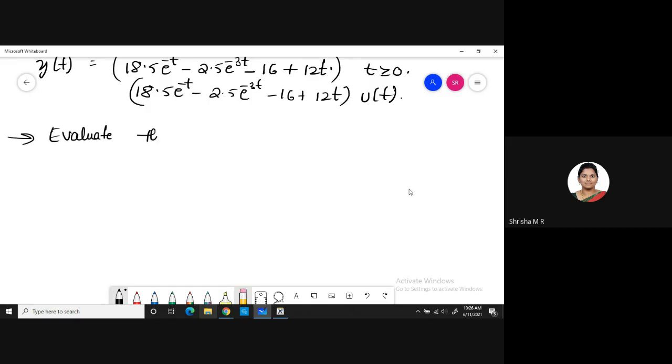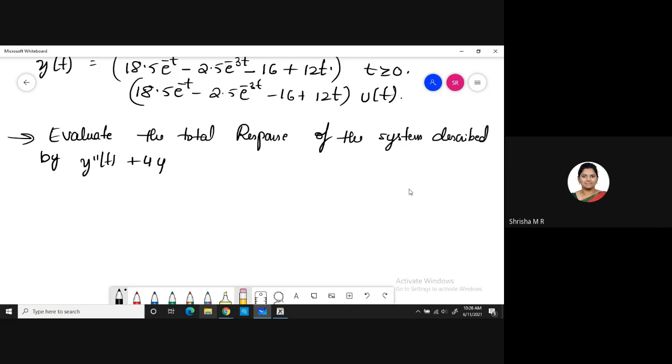Evaluate the total response of the system described by the differential equation y double dash of t plus 4 y dash of t plus 3 y of t is equal to 3 x double dash of t.